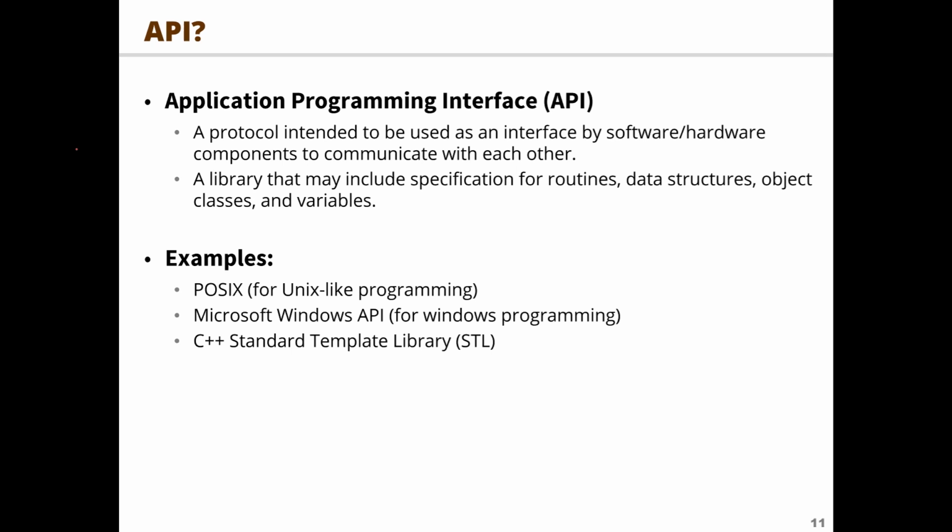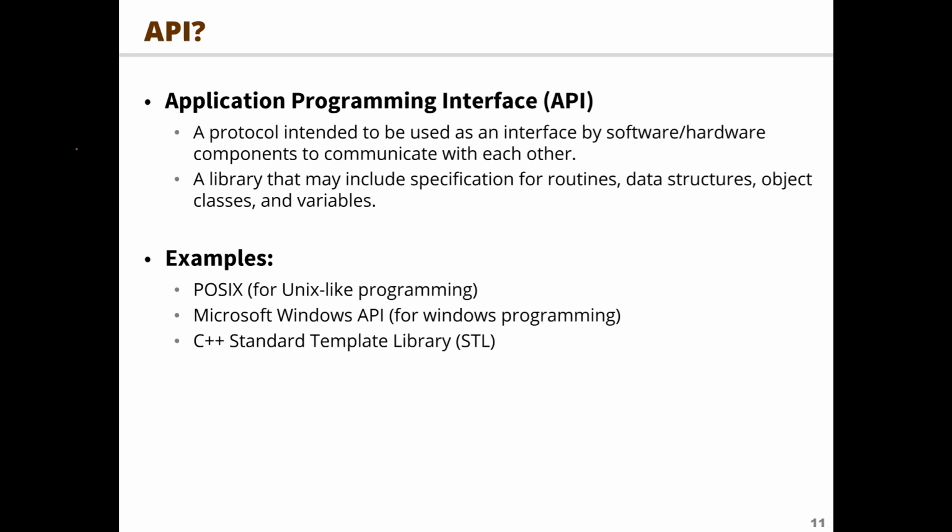Low-level software or low-level hardware is very difficult to communicate with in some native way. So we need some software to ease the communication. That is an API. Also, it is a library that may include the specification for routines, data structures, object classes, and variables. So simply, you can think that an API is a sort of library.